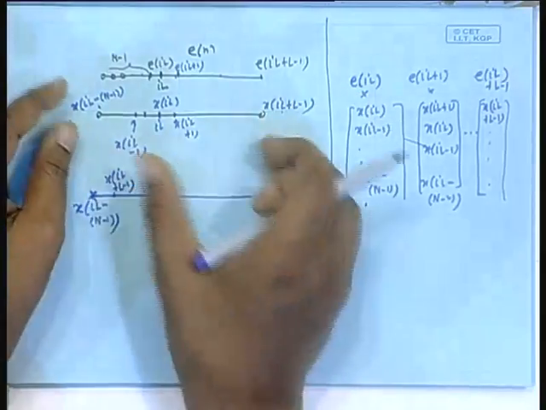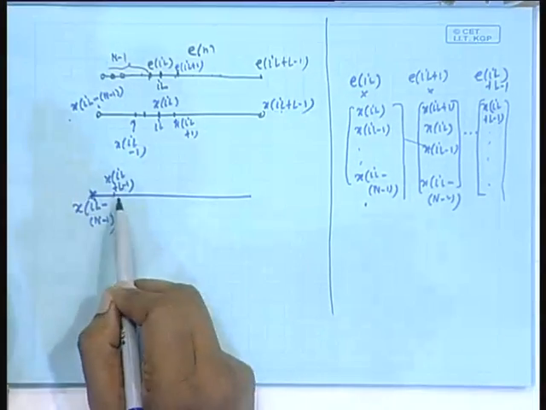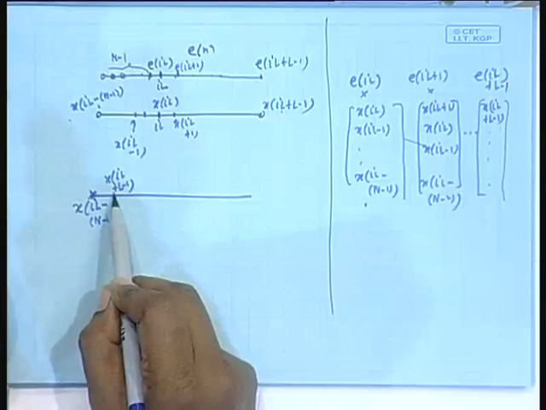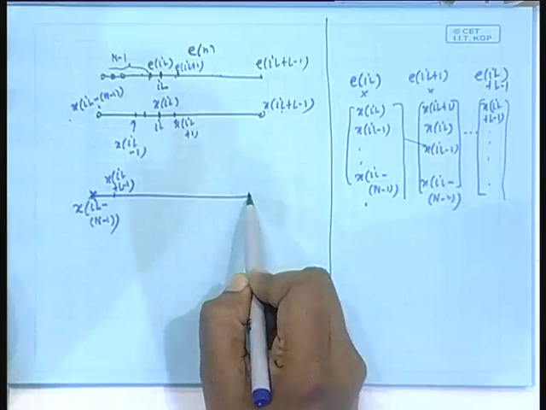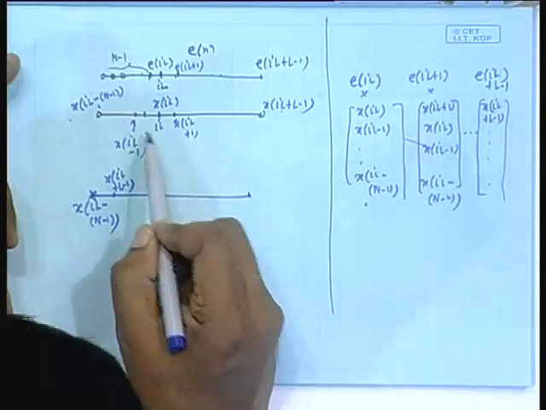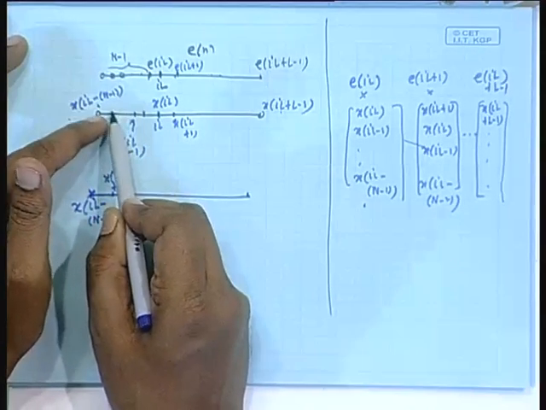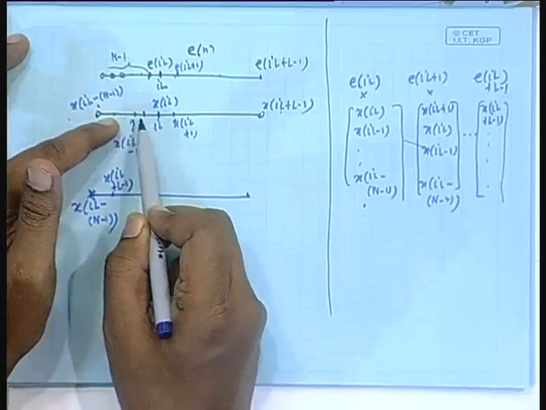Are you understanding? If you flip it to this side, this fellow will be the starting guy, and then progressively, if you flip it, I L minus within bracket n minus 1, next is within bracket n minus 2, n minus 3.